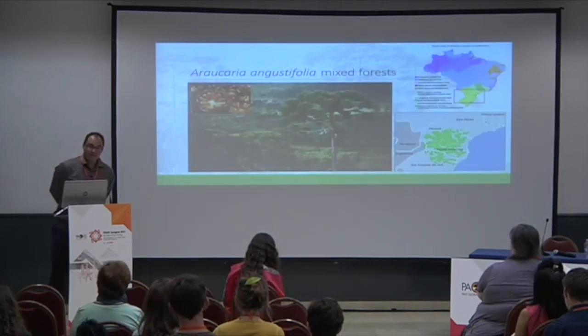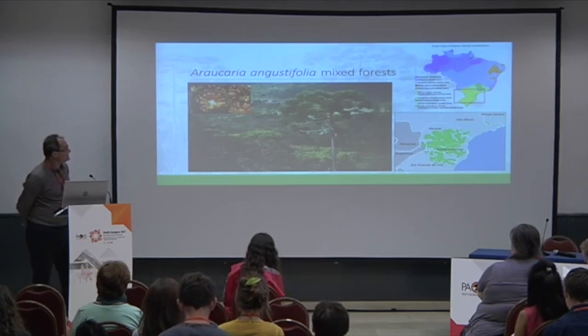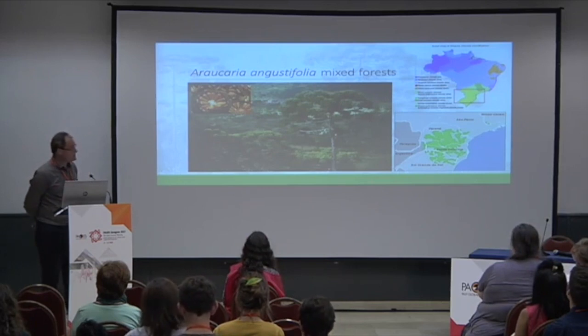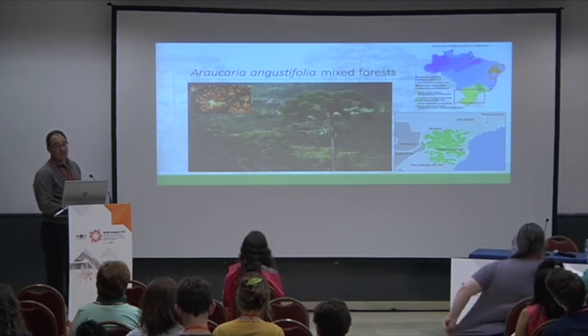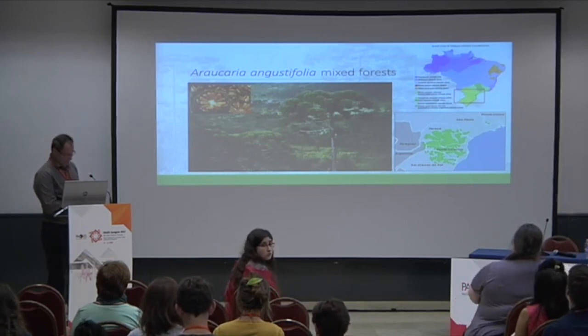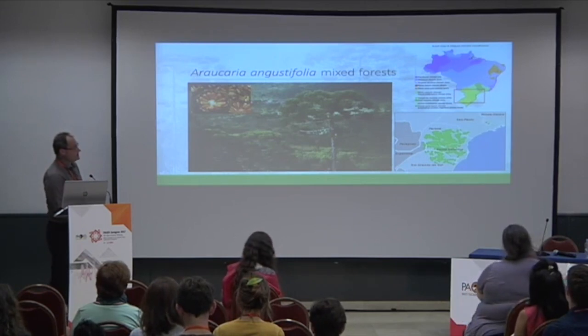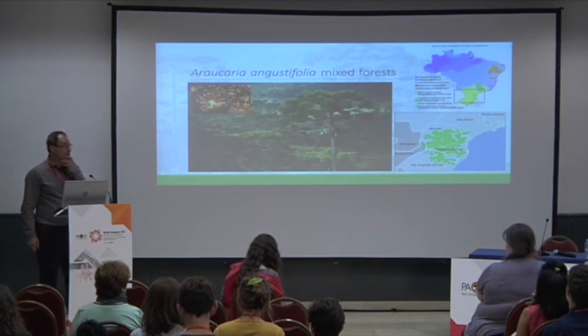We are concerned with the expansion of Paraná pine, or Araucaria angustifolia, mixed forests in southeastern Brazil. These forests once occupied 250,000 square kilometers from the southern section of Minas Gerais state to the southern part of Rio Grande do Sul, above 600 meters above sea level.